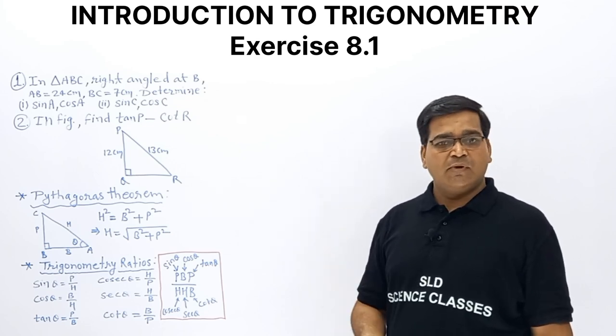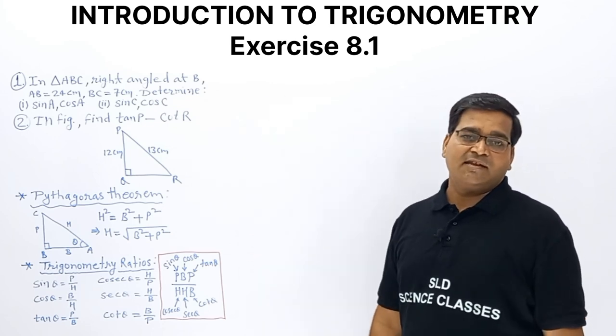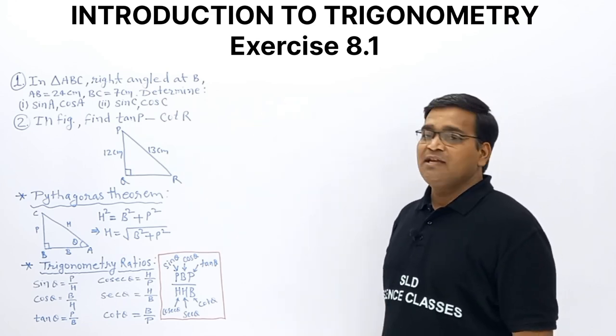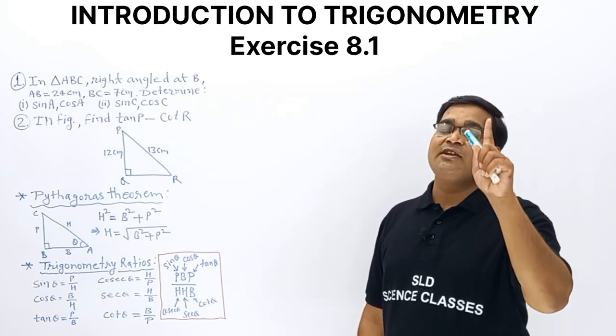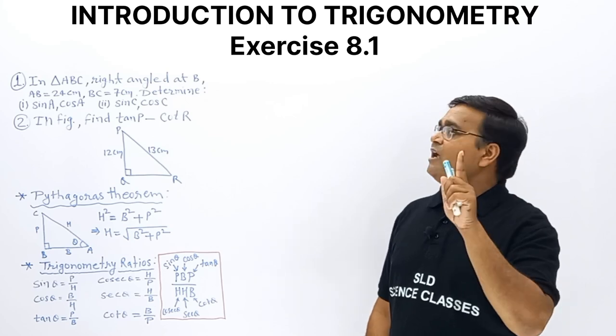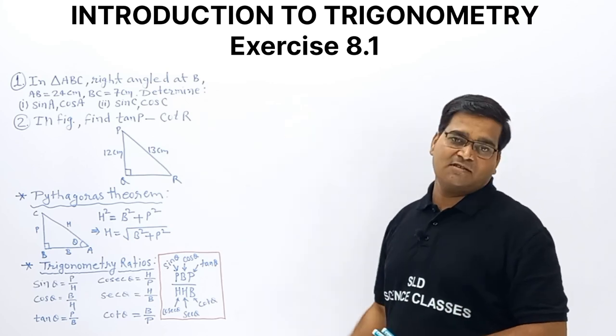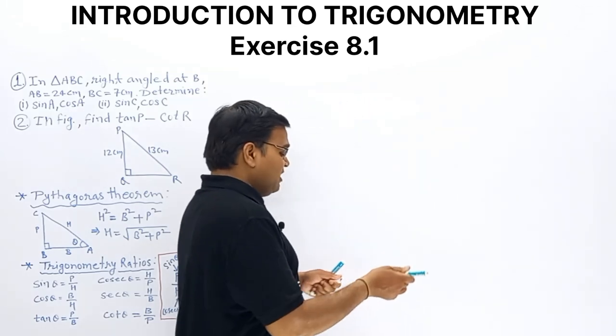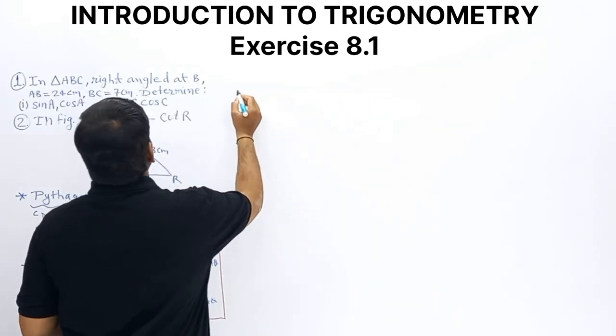So one triangle is there, a right angled triangle ABC, and angle B is 90 degrees. So we draw the right angle at B.